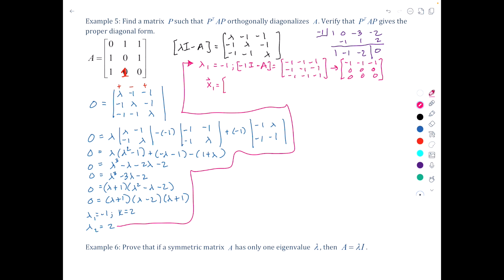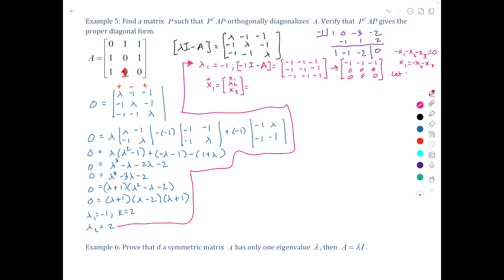And so x1, x2, x3 is such that negative x1 minus x2 minus x3 is 0, which basically, after a little algebra, gives us x1 equals negative x2 minus x3.